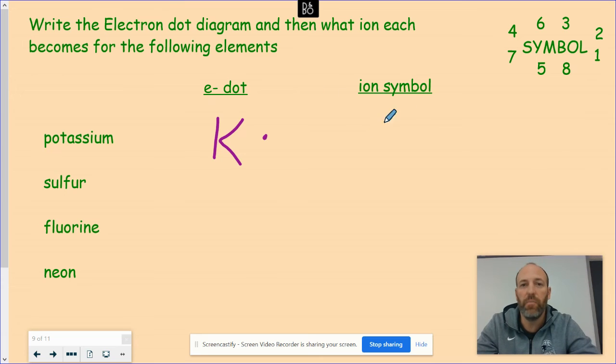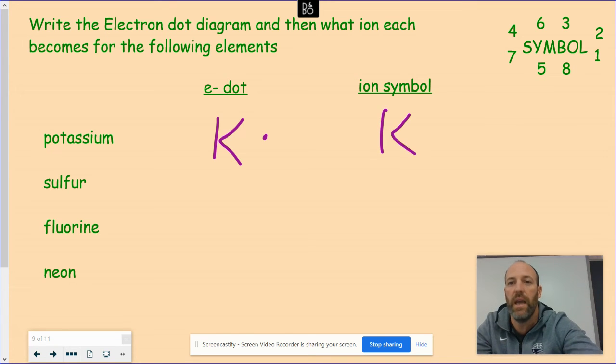And what the ion symbol is this. Is potassium a metal or a nonmetal? Potassium's a metal. That means potassium's going to lose. Well, how many dots does it have? It has 1. So this is going to be K1 plus. And if you're really careful looking at your periodic table, you can see up above the number 1, there's a teeny, teeny, tiny 1 plus.